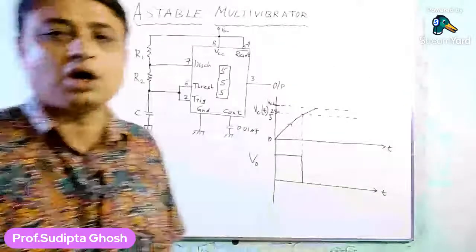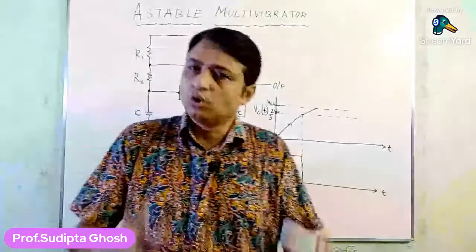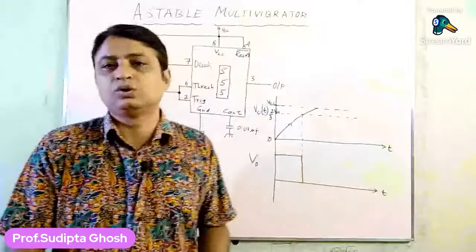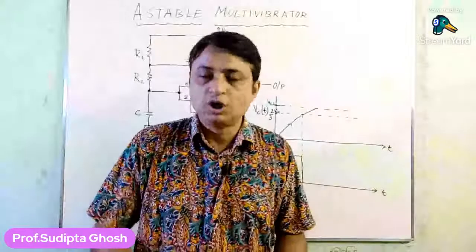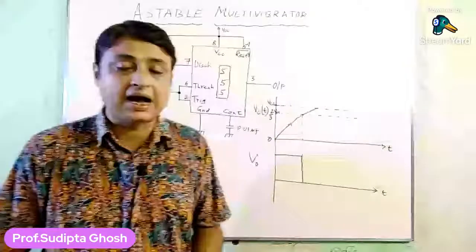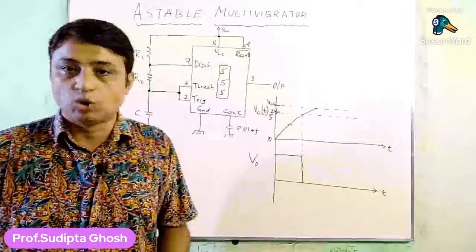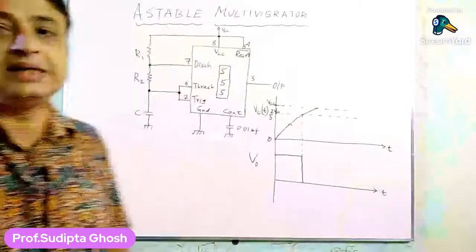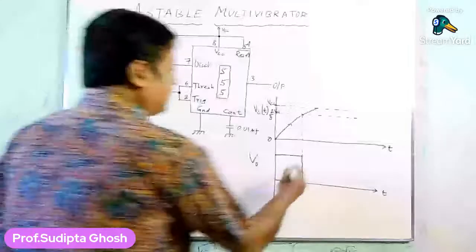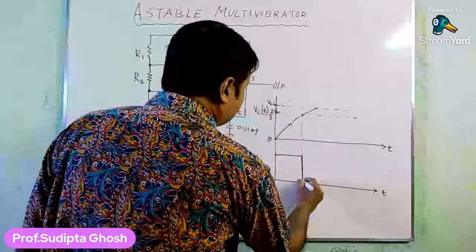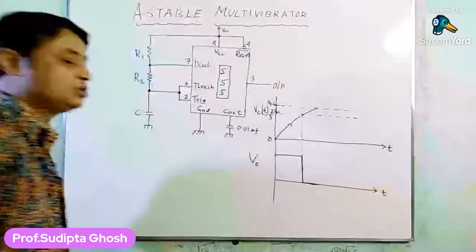So the reset input of the RS flip-flop goes high, and as the reset input goes high, the flip-flop output Q goes low, Q bar goes high, and after the output buffer, the output goes low. So when the capacitor reaches 2/3 VCC, the output goes low.